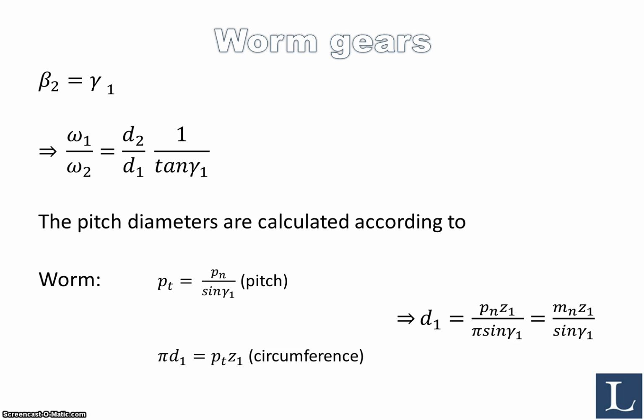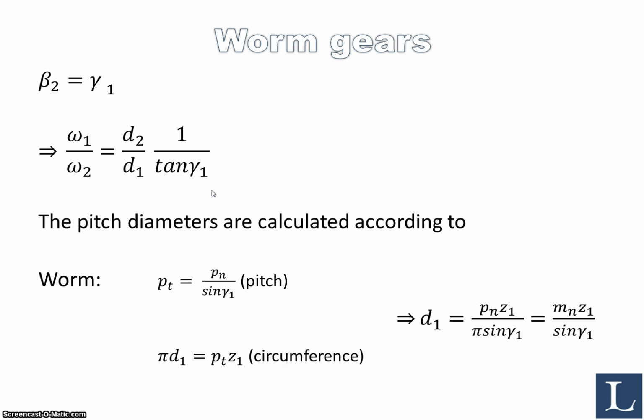If we set beta 2 equal to gamma 1, we end up with an expression where the ratio between omega 1 and omega 2 equals d2 over d1 times 1 over tan gamma 1. But we need to calculate the pitch diameters to get something useful out of this.